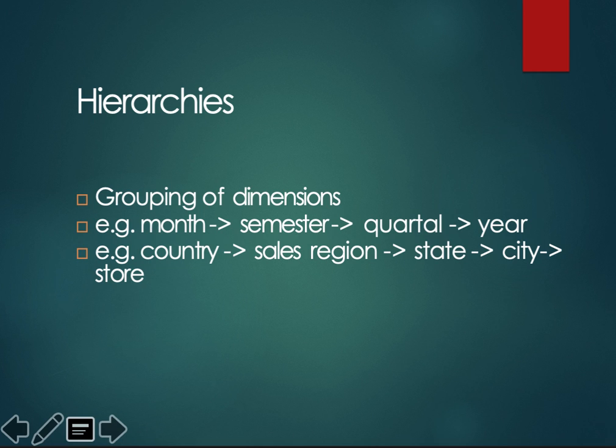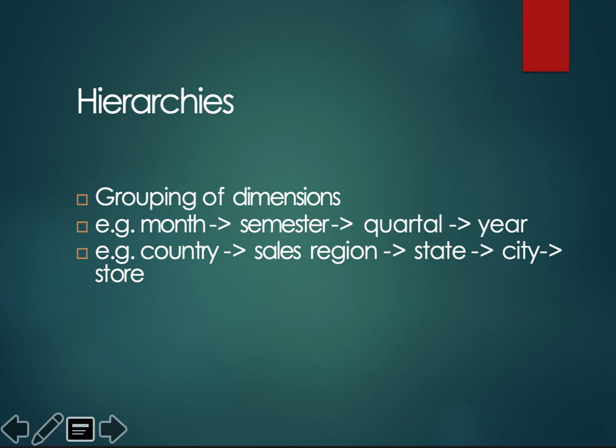Another example is country, sales region, state, city, and store. For example, Germany, Southern Germany, Bavaria, Stuttgart, store A and store B, followed by another area after Southern Germany, and so on. Munich and stores A, B, C, for example.